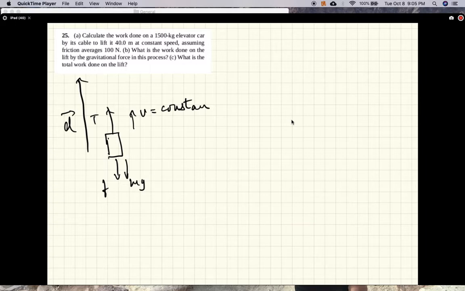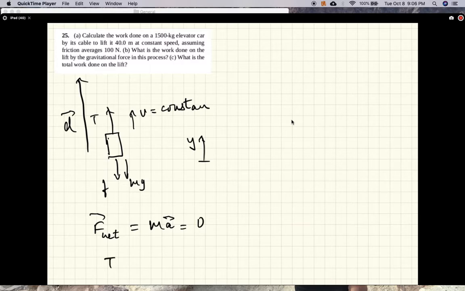Since the elevator is moving at constant velocity, the net force on it is 0. And what we're doing is we're using up as the positive direction for the axis. The net force is mass times acceleration, and acceleration is 0, so this is 0.